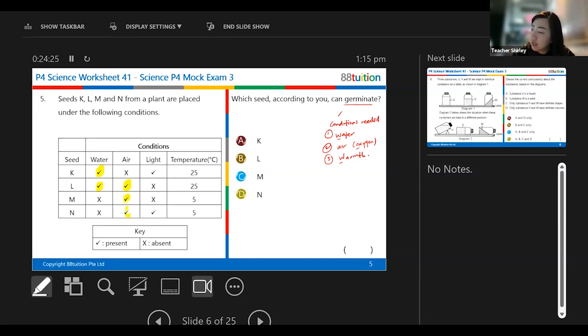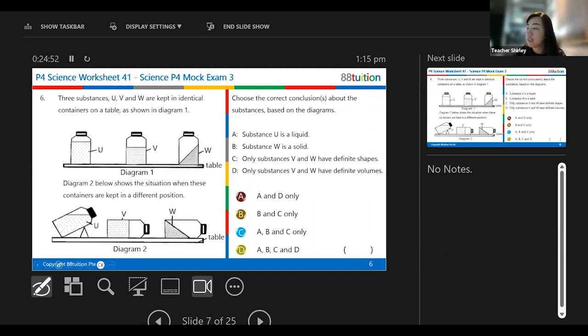And we don't need light, so that's not a problem. And temperature has to be quite warm as compared to cold. 5 degrees is actually your chiller temperature, a bit too cold. So therefore, the answer would be L, because it must meet all the criteria for a plant to germinate. If it does not meet all criteria, it does not germinate. Okay? Yeah? All right, next question.